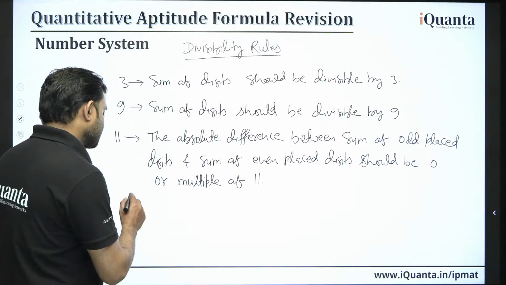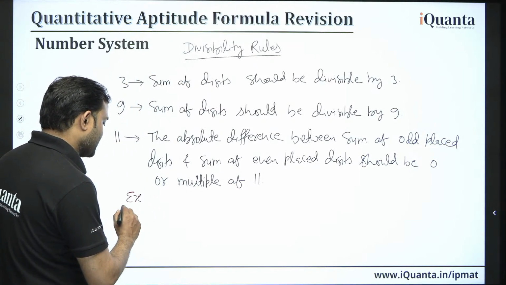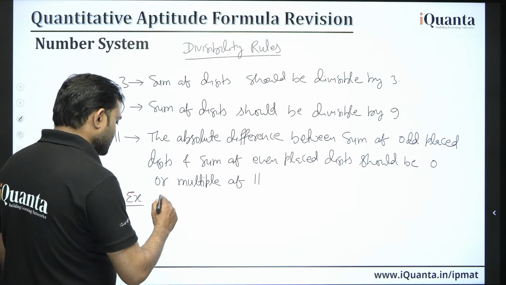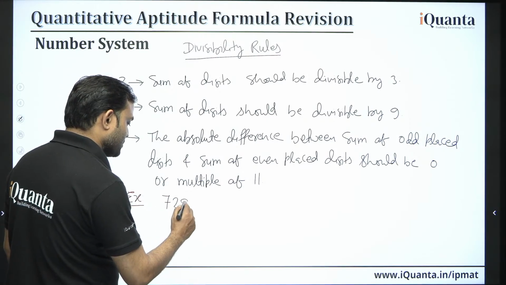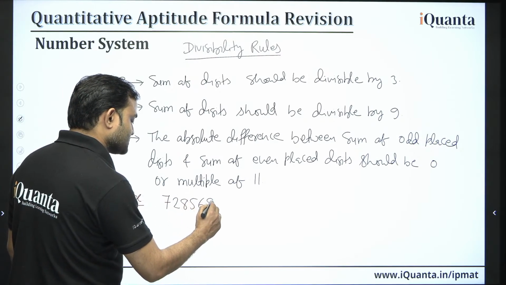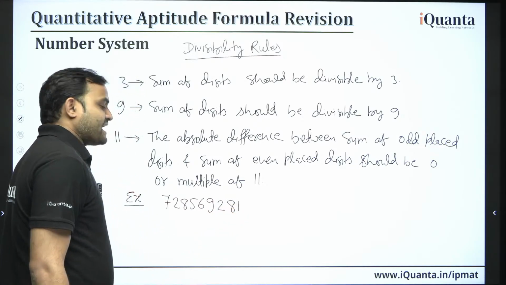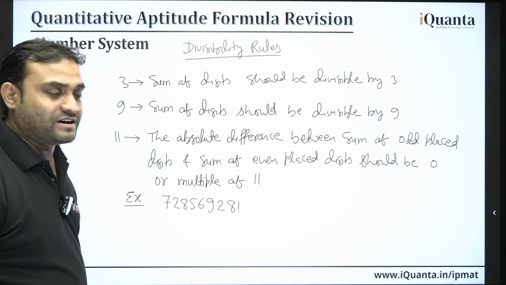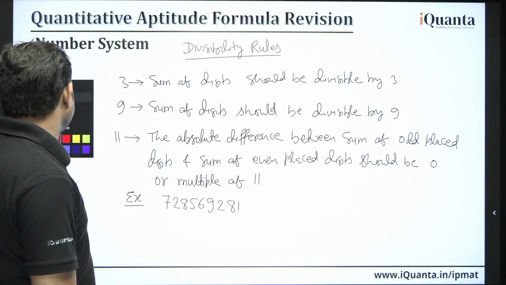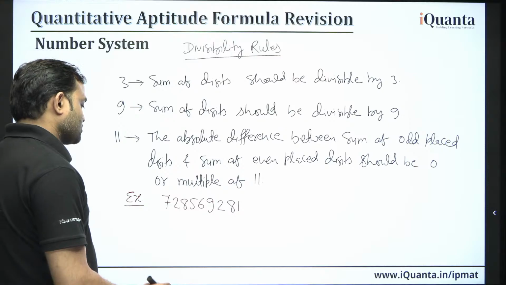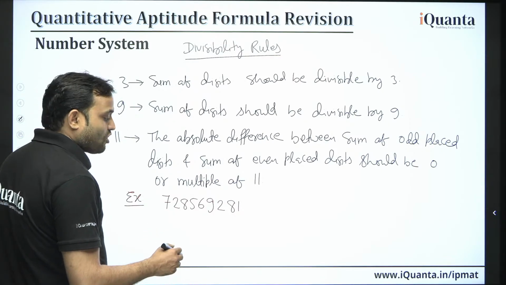Okay. For example, let's say I am taking a number something like 7, 2, 8, 5, 6, 9, 2, 8, 1. I need to check if this number is divisible by 11 or not. So, what am I going to do? I am going to take the odd place digits.